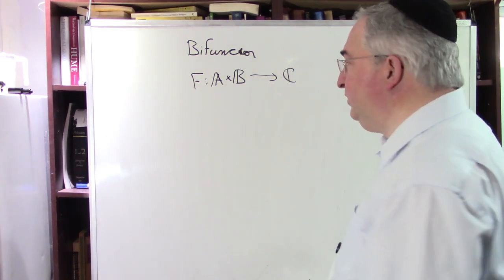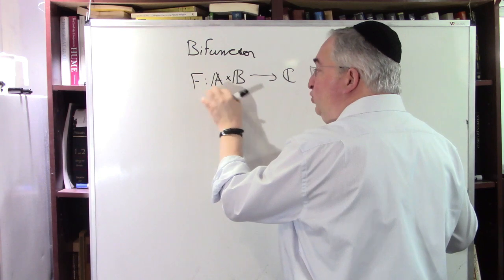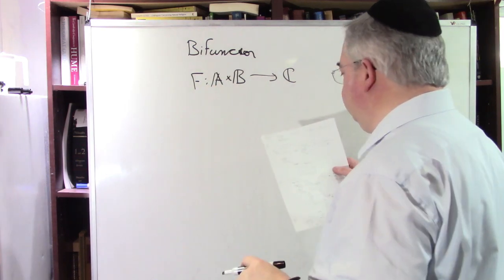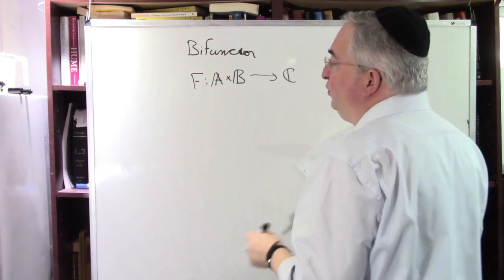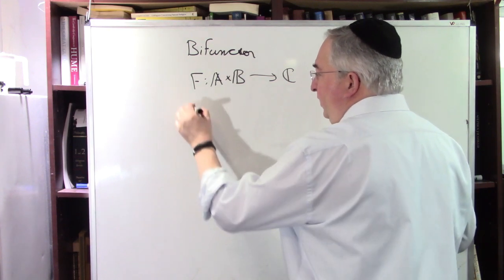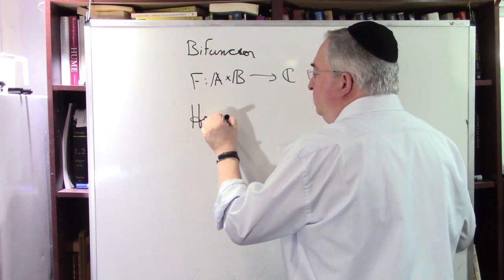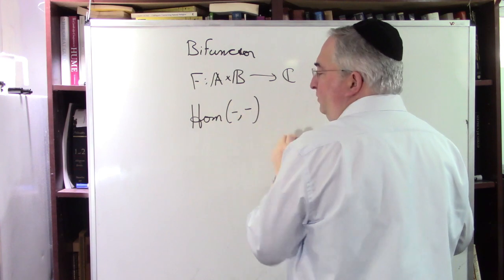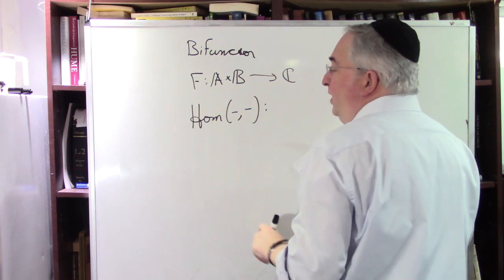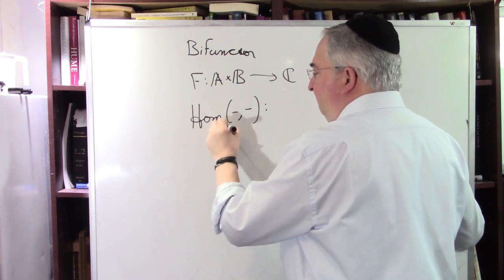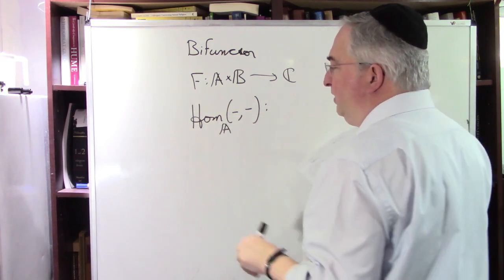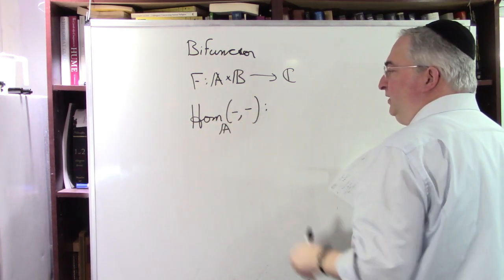So that's a bifunctor. Its input is two things. Let me give you an example of a bifunctor. Ready? Hom. Take a category A, hom, like this.